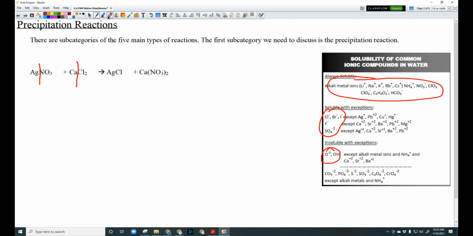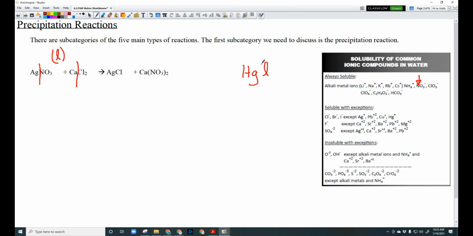Let me erase this. Nitrate. Do you see nitrate? Well, if you look here in always soluble, you're going to see nitrate right here. So no matter what nitrate is bonded to, it's going to be soluble. So this compound is soluble. Now, you may think it's liquid, but liquid really is for an element, like liquid mercury.